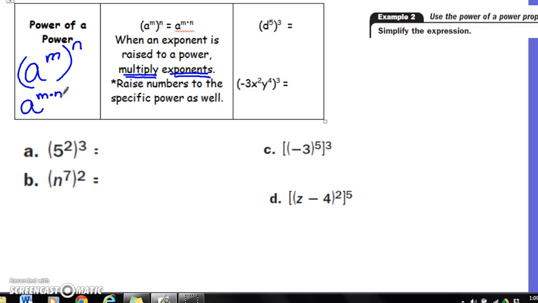We also have to watch where our hidden 1s are. We'll find them. All right, inside the box. If you have D to the 5th, all to the 3rd power, you're going to have D to the 5 times 3, which is D to the 15th. So you were right.